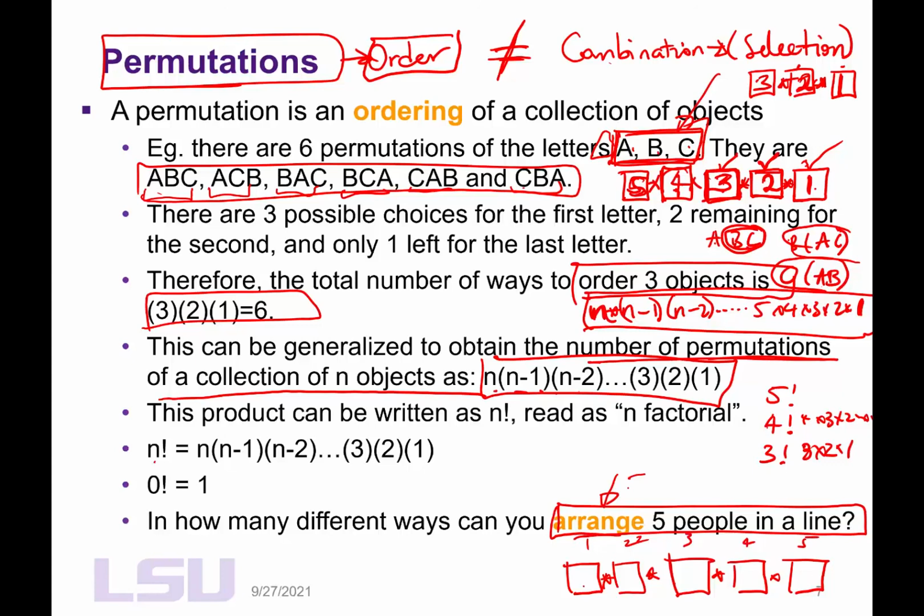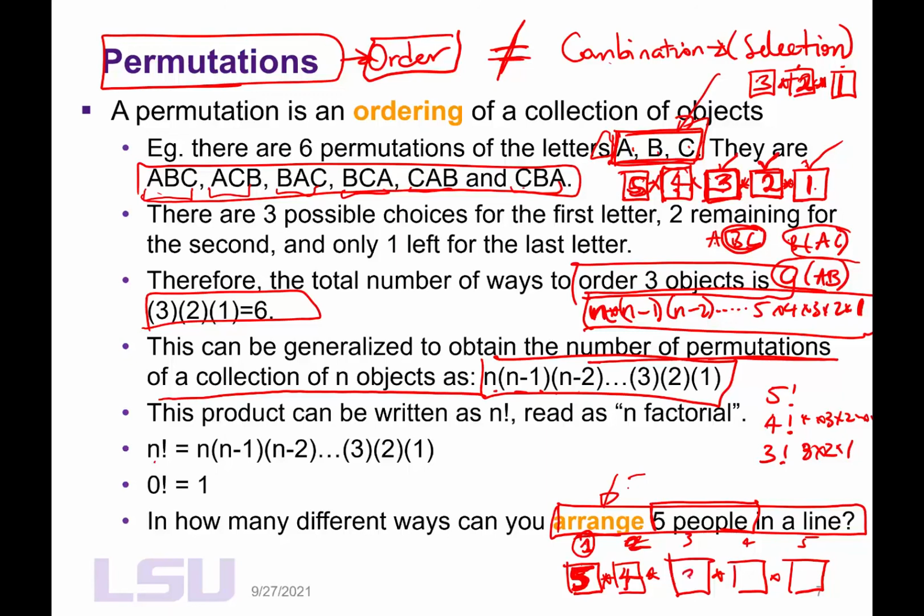So how many people can be in the first position when you're looking for 5 people in a line? The 5 people, right? So 5 people. Any of the 5 could occupy the first position. Since one of the 5 has occupied the first position, how many people are you left with? 4. So only 4 can occupy the second, and then 1 person has occupied the second position out of the 4.